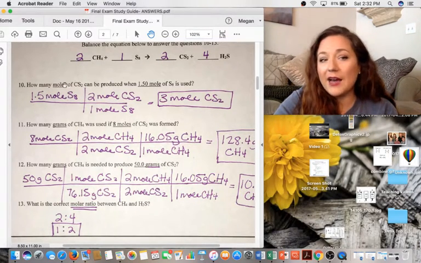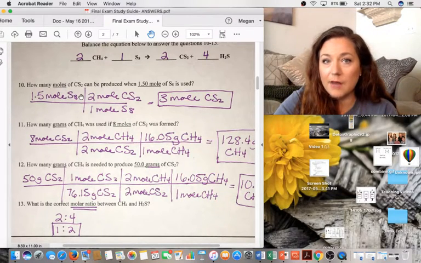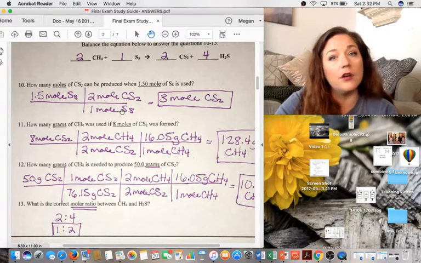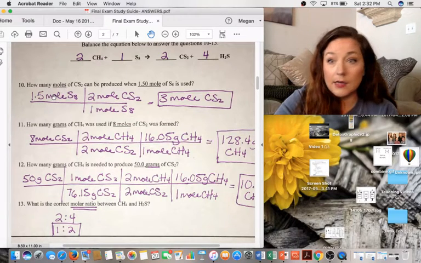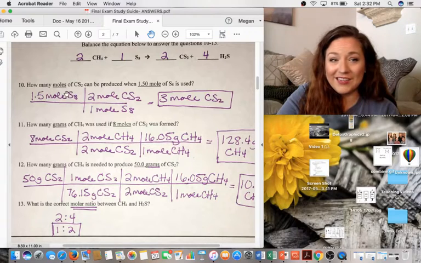And because moles of S8 are on top, the unit right there is on top, it goes on bottom. I know a lot of you struggle with which one goes on top, which one goes on bottom. Hint: if you're given moles of S8, moles of S8 go on bottom.